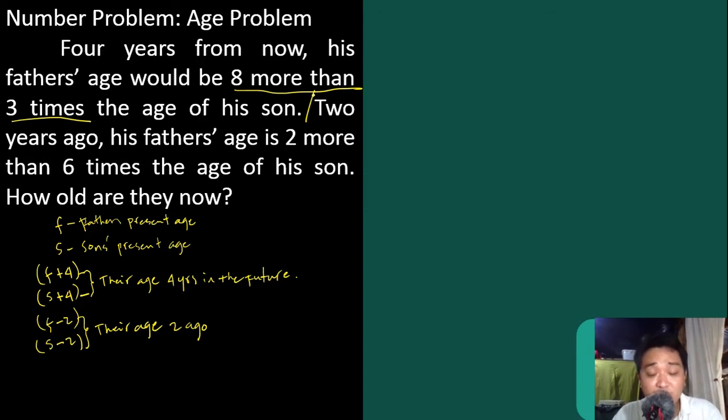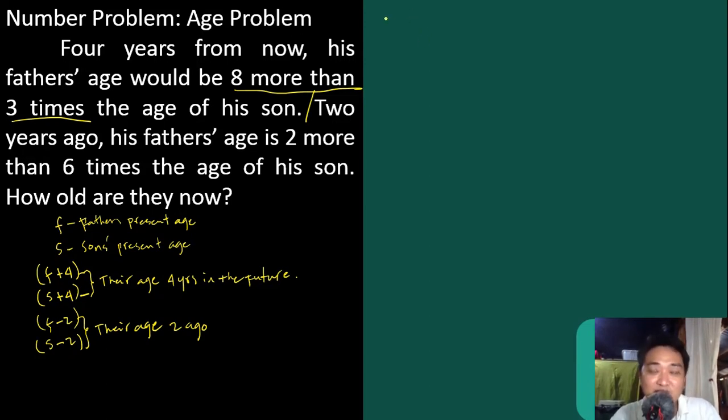Just always remember na laging mas matanda, syempre yung tatay. Ano po? At ang pagkakasabi dito sa problem, yung tatay daw is 8 more than 3 times the age of his son. Ibig sabihin, tatlong beses plus 8 na mas matanda si tatay kaysa doon sa anak.